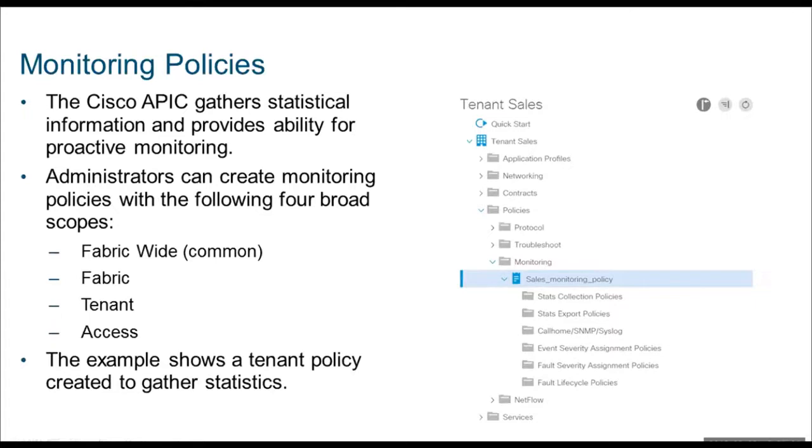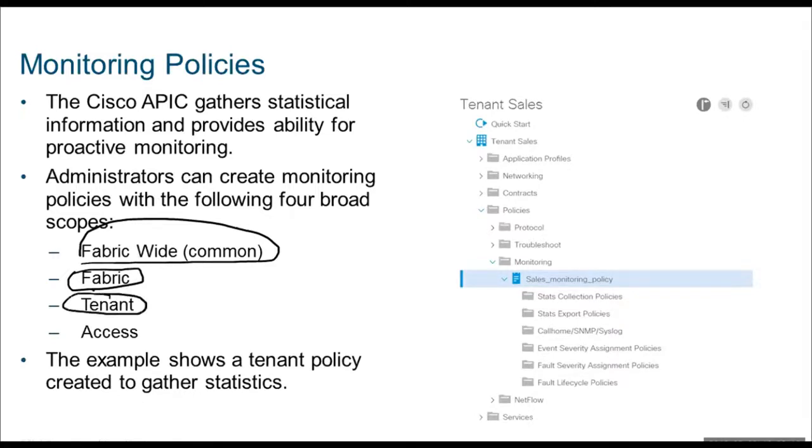You can create a policy which has a scope of only fabric. Fabric-wide is everything. Tenants, switches, line cards, chassis, fans, everything. When you say fabric only, you're basically specifying the switches, the cards, the fans, the physical switches themselves.